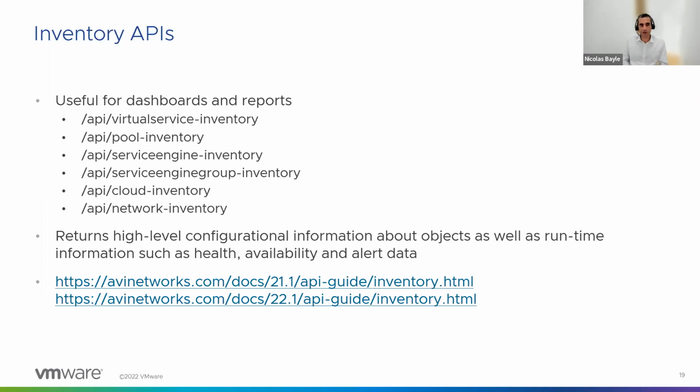Definitely you can leverage those API endpoints to make sure that you have a list of virtual services with all the parameters that you want to display in your reports here. So quite interesting to see that and to leverage those inventory APIs to have a snapshot of the state of the different objects that you want to monitor here.